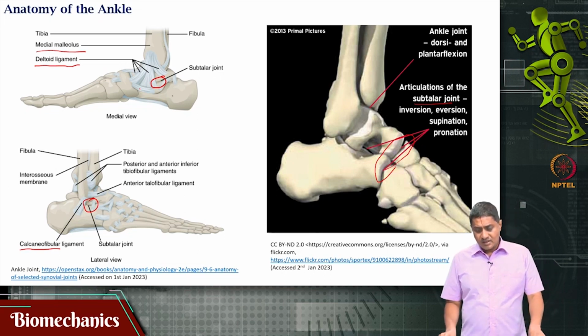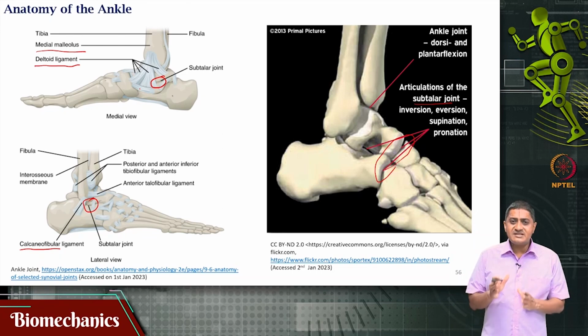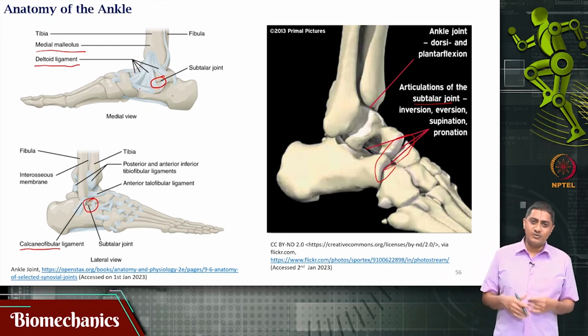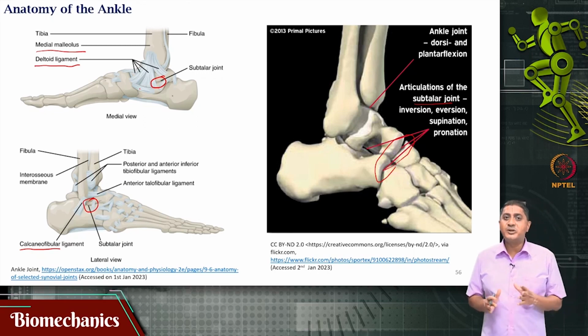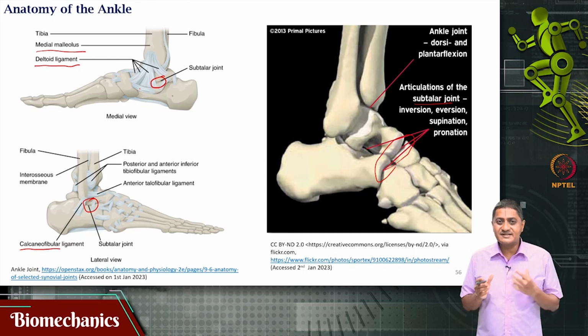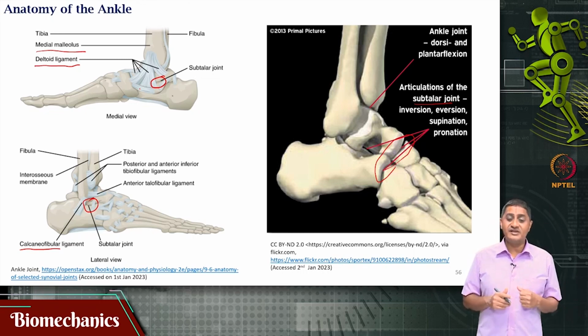So, it has quite a few ligaments that are responsible for stabilizing all these joints. So, you want to have movements when you want to have movements, and you want to prevent unwanted movements. It is a very complicated, very challenging exercise.